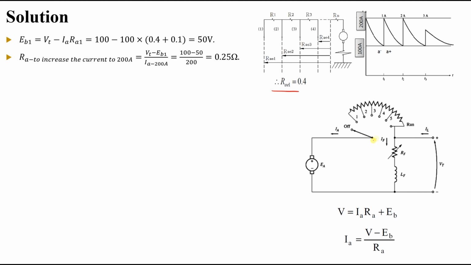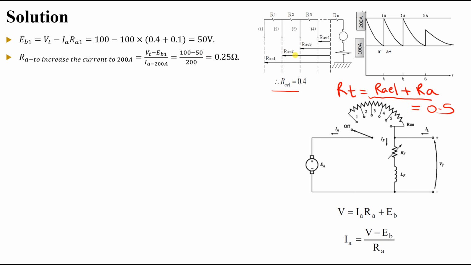Remember that the total resistance for this equation, this R total, originally is RE1 plus R armature, which was originally 0.4 plus 0.1 gives us 0.5. Now here the new resistance will be 0.25.